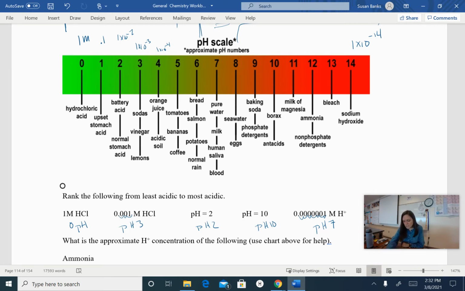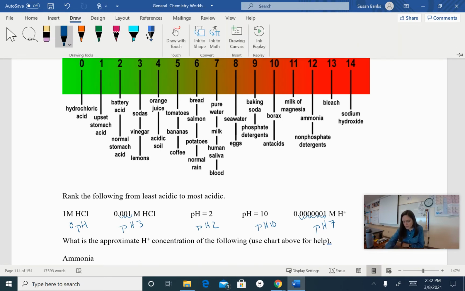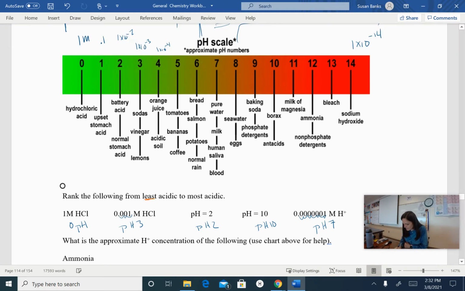So which would be our most acidic? Would be our lowest pH. So what's our lowest pH here? 0. So this would be our most acidic. It says least acidic to most acidic, so let's look actually at the highest number. So this would be least. So our scale would be pH of 10.